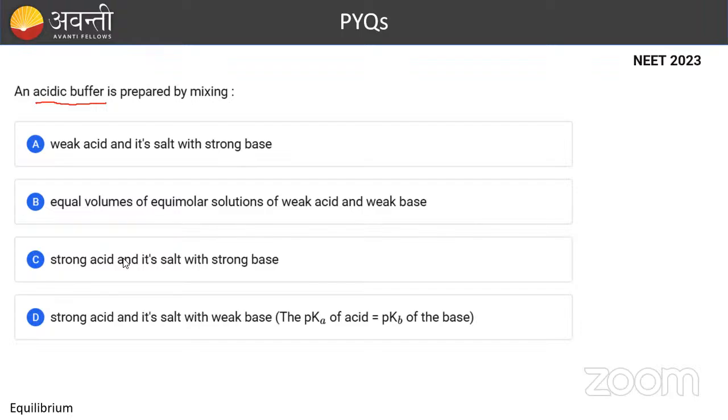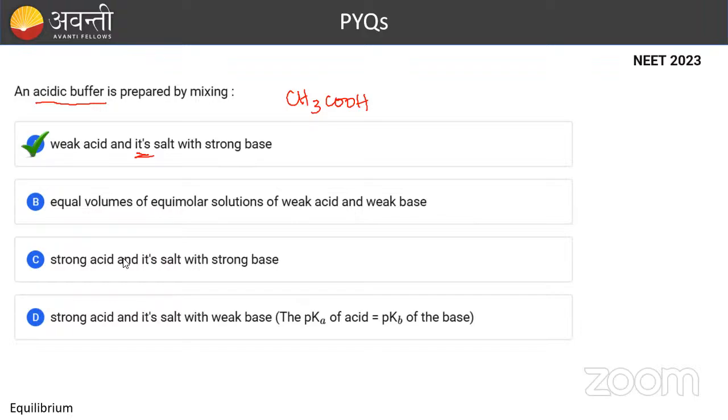An acidic buffer is a solution of a weak acid and its salt with a strong base. Acidic buffer is prepared by mixing a weak acid, like acetic acid, and its salt with a strong base.